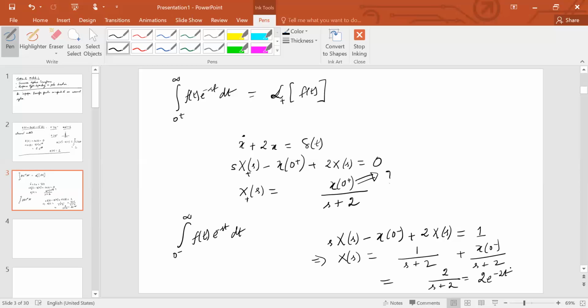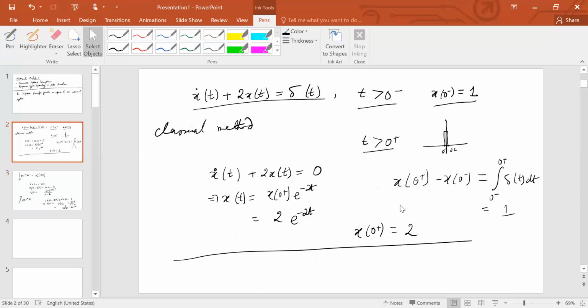I've already used the fact that the Laplace inverse of 1 over s plus 2 is e to the power minus 2t. We'll see that shortly. Hopefully you've already revised this as we did this session last Thursday. So the point is that by using this, you don't need to use any of those arguments. The process becomes much simpler.